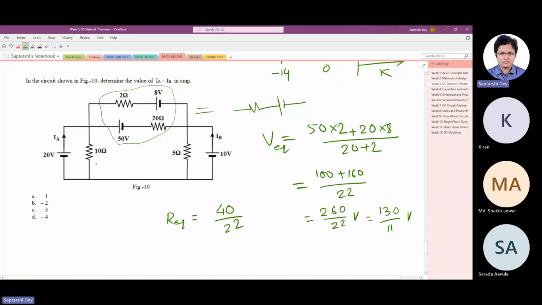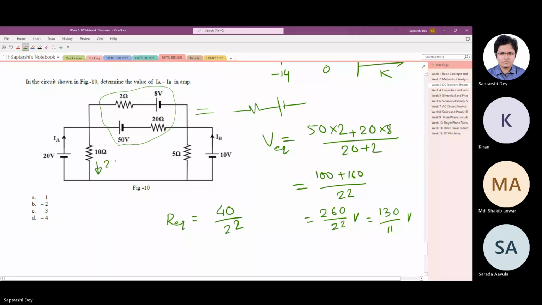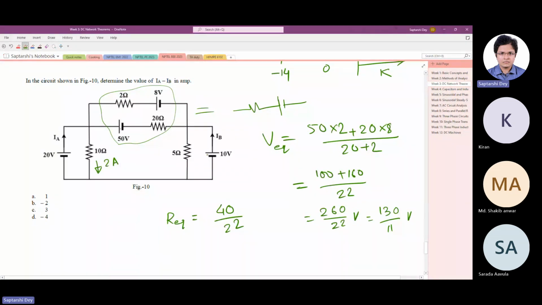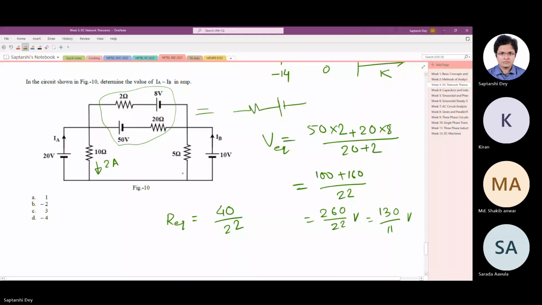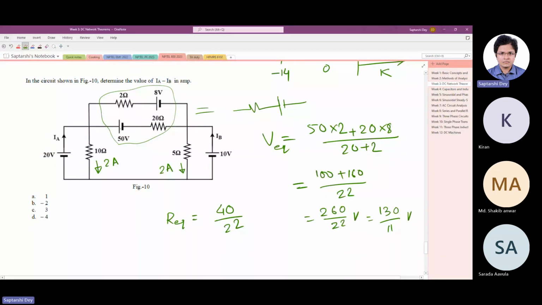Okay, now 2 ampere current goes this way. 2 ampere current goes this way.